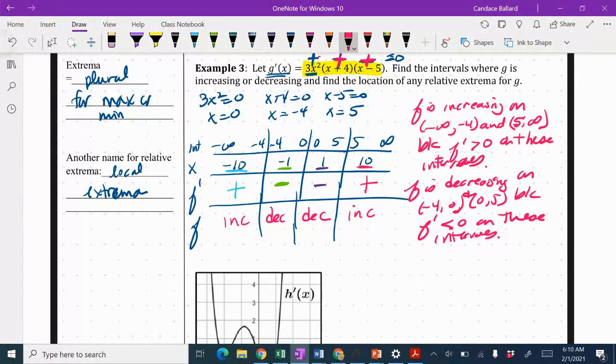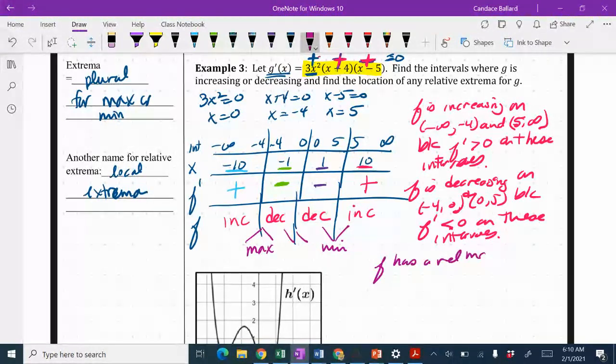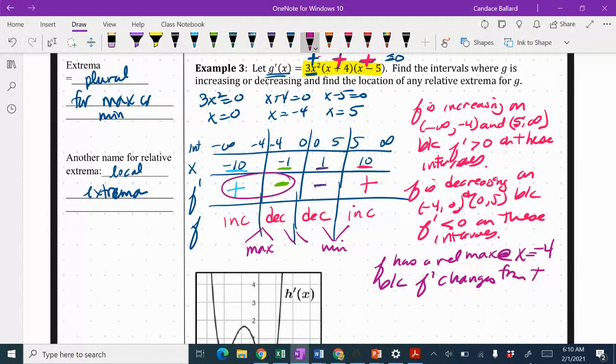Okay, and then I have to look at maxes and mins. So we know we're increasing to decreasing. It's decreasing to decreasing, so there's no relative extrema there. And then decreasing to increasing. So this one is a max, and this one is a min. It said to identify any of them. So we would have to say f has a relative max at x equals negative 4 because f prime changes from positive to negative there.